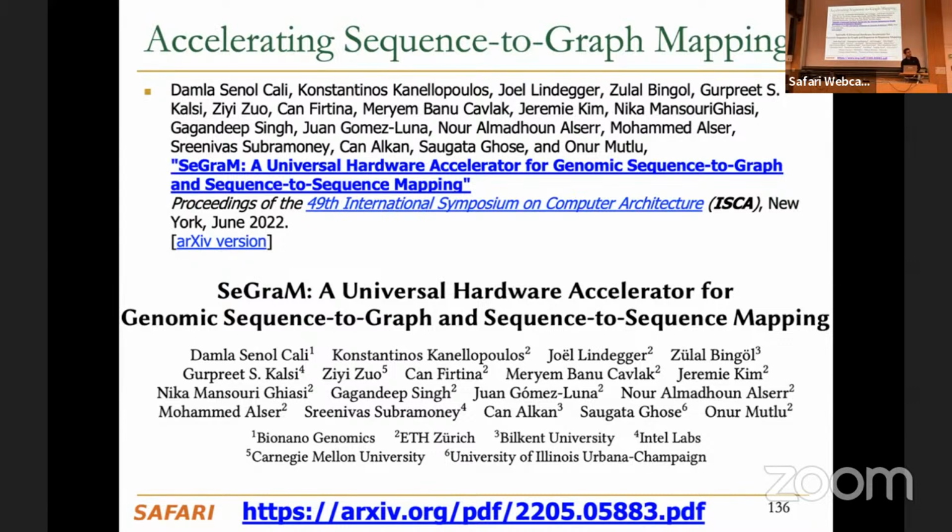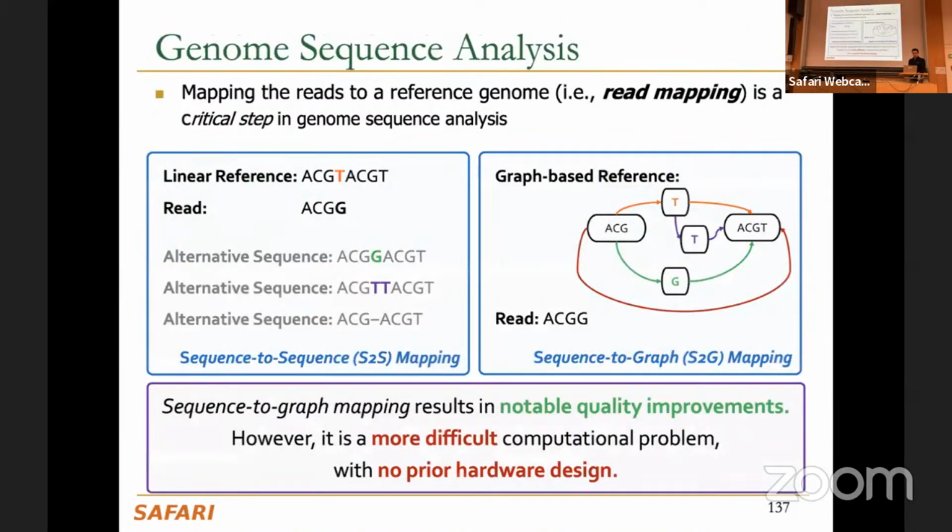Remember, as I showed you earlier, we mainly use a single reference genome, but there are certain caveats to it. So the question is, can we use graphs? We know that we can use graphs. The next question is, what are the computational issues, and can we accelerate them? Sgram focuses on these issues to accelerate sequence-to-graph mapping.